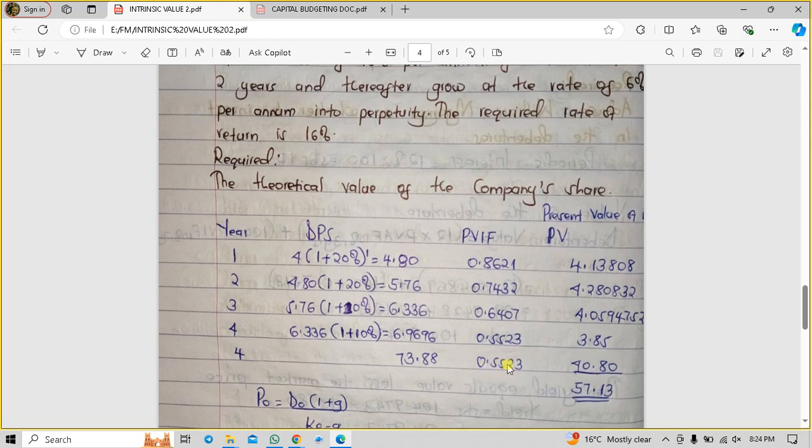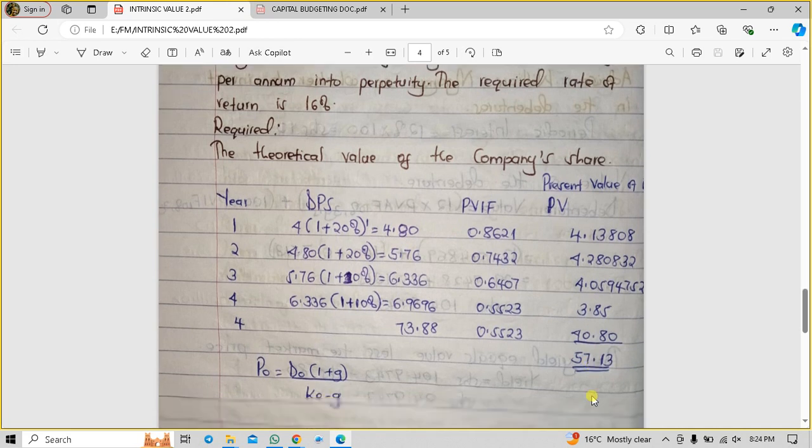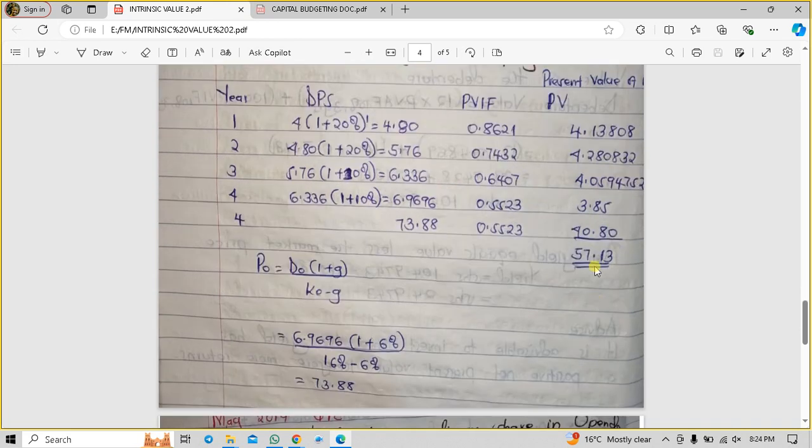You multiply, so you start by 5.80 times this to get the present value. 5.76 times 0.7432, you multiply, then you add to get the theoretical value of the company's share, 57.13.